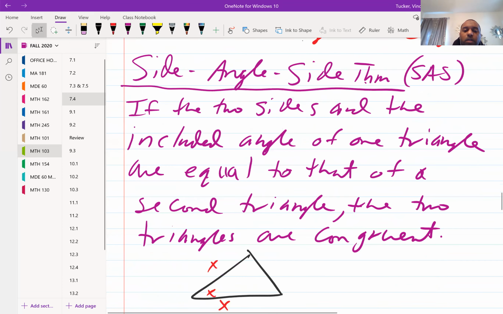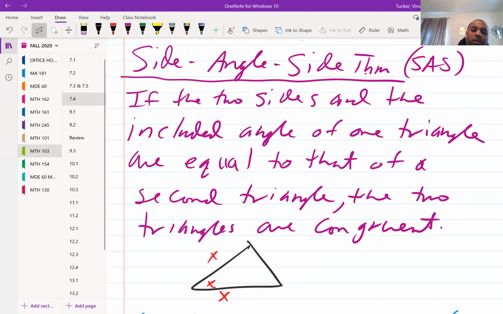Let me do it like this. So just a generic drawing of what they mean, talking about two sides and the included angle.